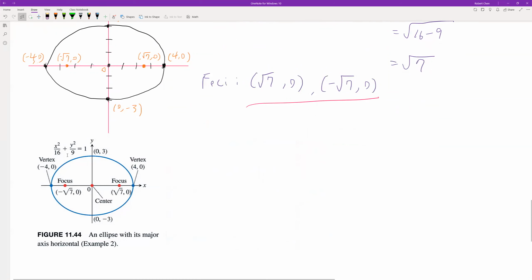So by looking at the denominators of x squared and y squared, that helps us determine which direction the ellipse is going to be, which axis is going to be our focal axis, or the semi-major axis, the longer part. Does it go horizontally or does it go vertically?